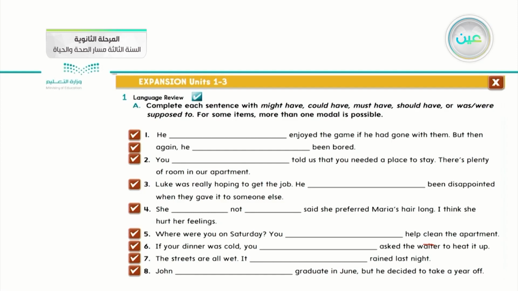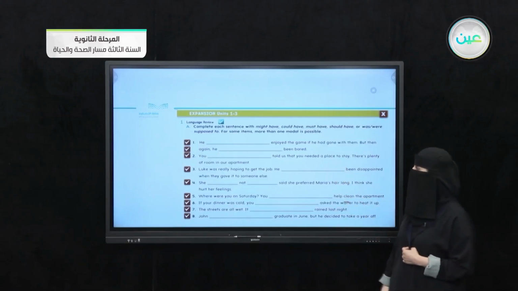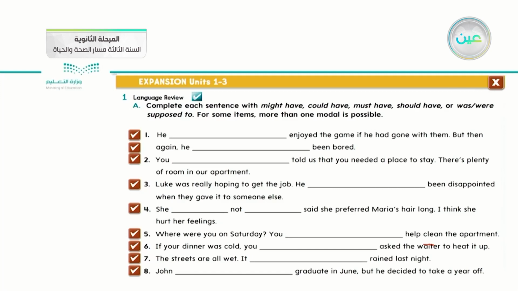Complete each sentence with might have, could have, must have, should have, or was or were supposed to. And for some items, more than one modal is possible. Number one: he, space, enjoyed the game if he had gone with them. But then again, he, space, been bored.